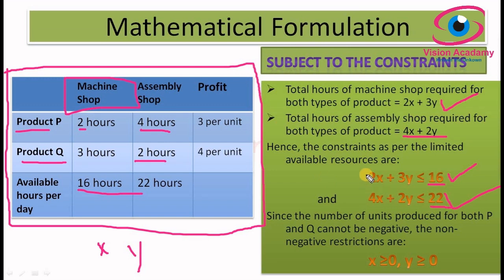Then you can easily understand there are two subject to constraints in this case, that is machine shop and assembly shop. For machine shop I have made a separate constraint, and for assembly shop also I have made a separate constraint.